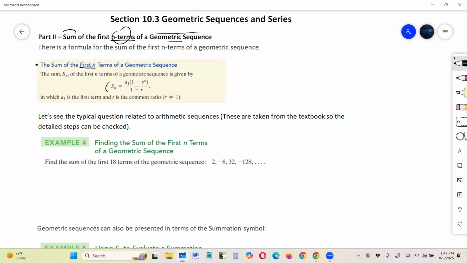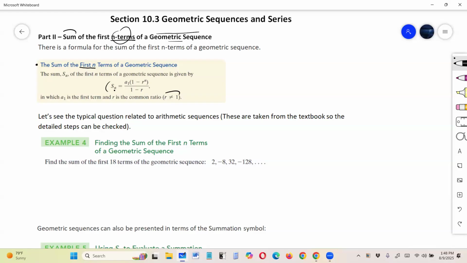We use this formula here. And we indicate by Sn that this summation stops at the nth term. So the formula is S_n = a1 times (1 minus r to the n) over (1 minus r), provided that the ratio is not 1. If the ratio is 1, we cannot do that.